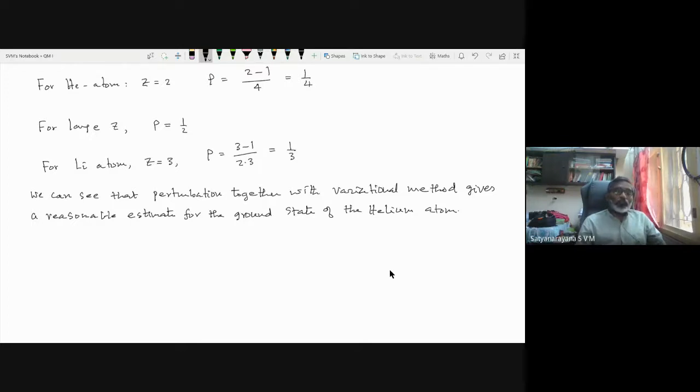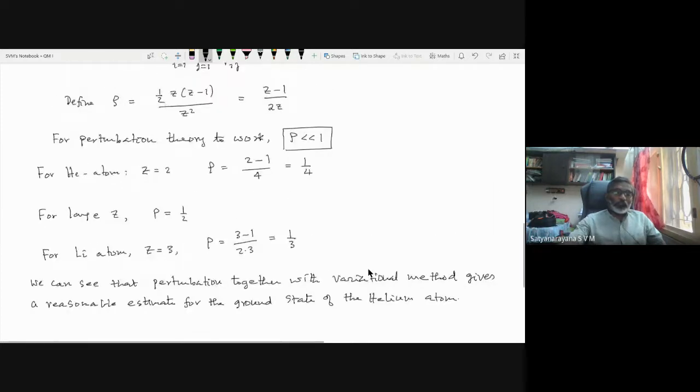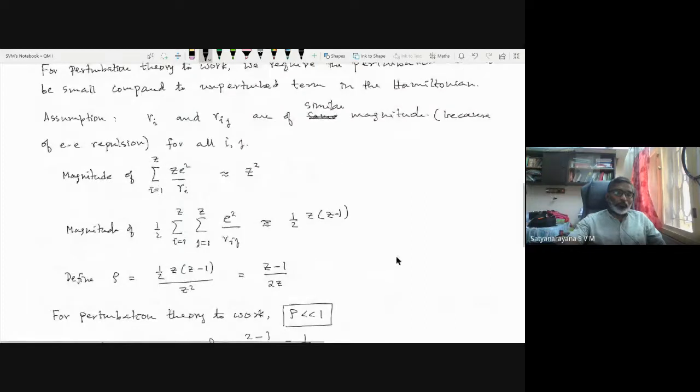So we require some new idea. This approximation is not going to work.